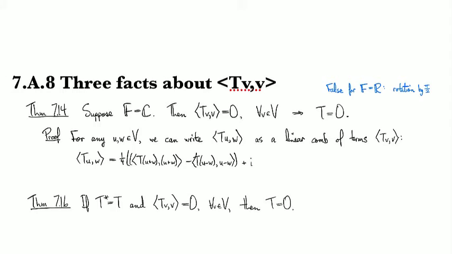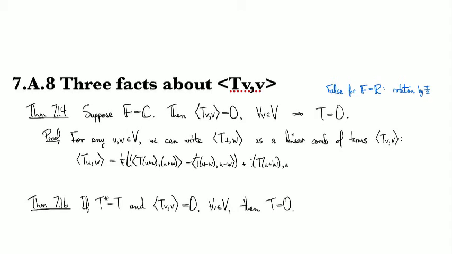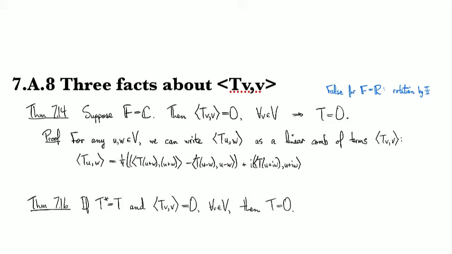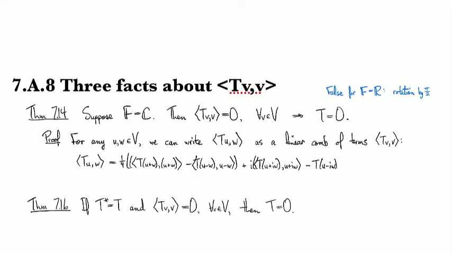Plus, and then we've got the imaginary part. So this is going to be T applied to U plus IW, U plus IW, and then minus T applied to U minus IW, U minus IW.